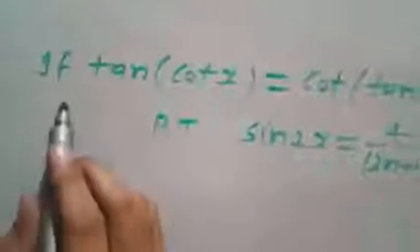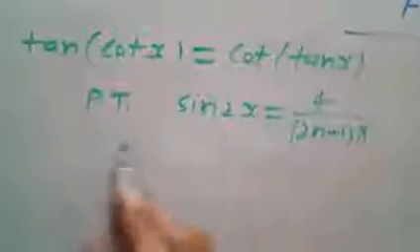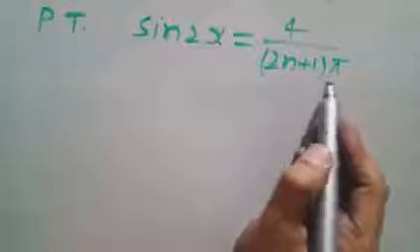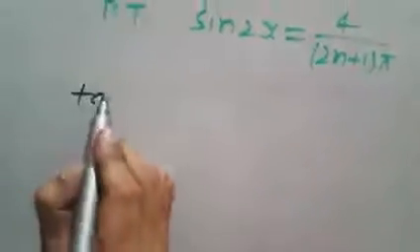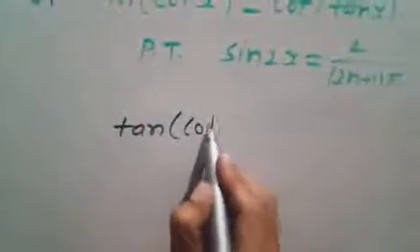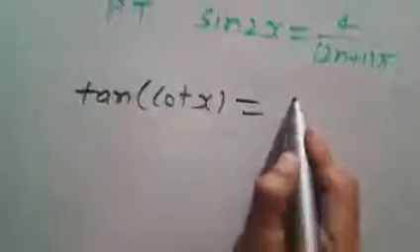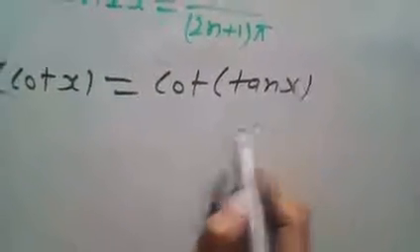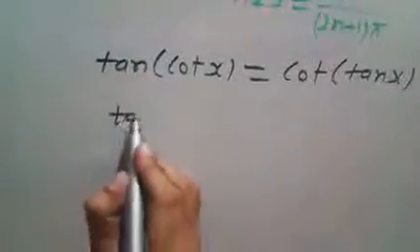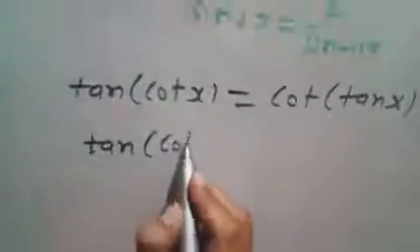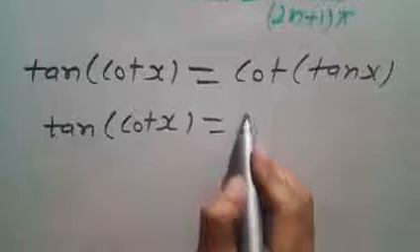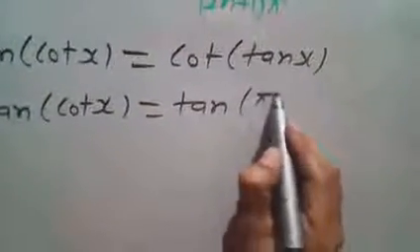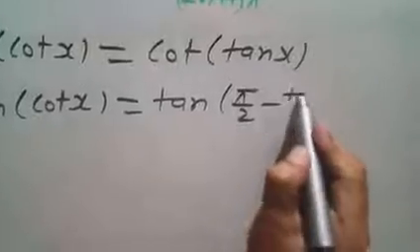Now in the next sum, if tan cot x is equal to cot tan x, prove that sin 2x is equal to 4 upon 2n plus 1 pi. Now see, tan cot x is equal to cot tan x, this is given. So in the next line we can write tan cot x is equal to tan of 90 minus tan x.